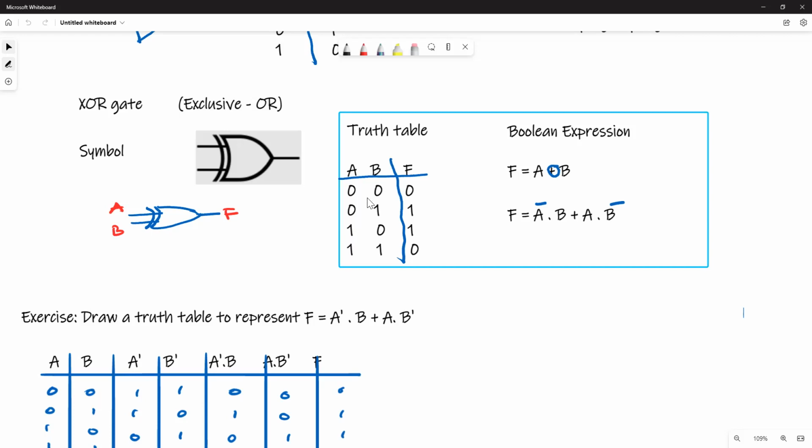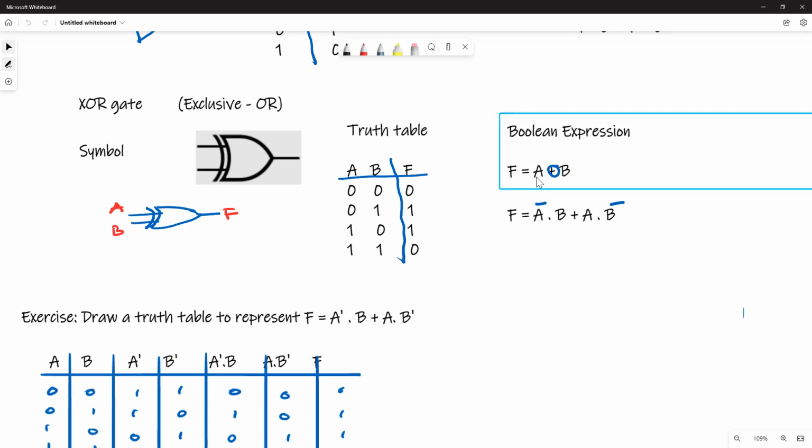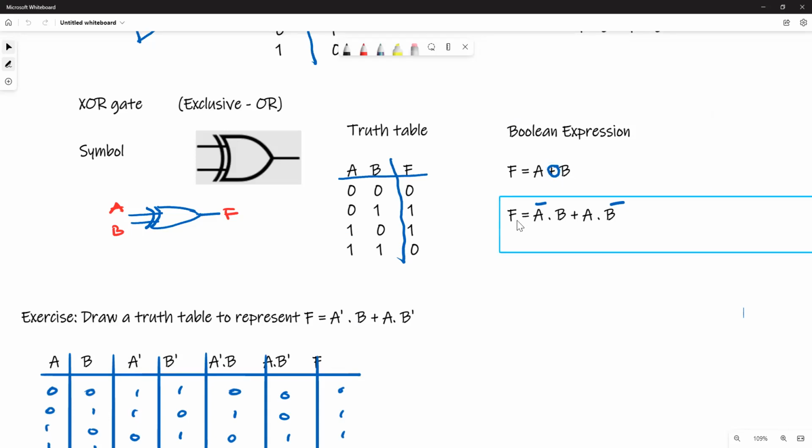Apart from the OR gate, when both inputs are 1, the outcome is 0 here. So the Boolean expression is A plus with a circle B. This is similar to saying F is equal to A bar dot B plus A dot B bar.